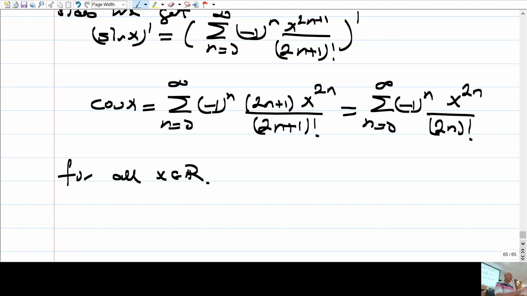But for sine x, it will be the case, so it's an analytic function. Yeah, the derivative of an analytic function is also analytic.